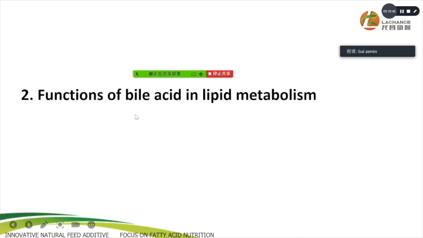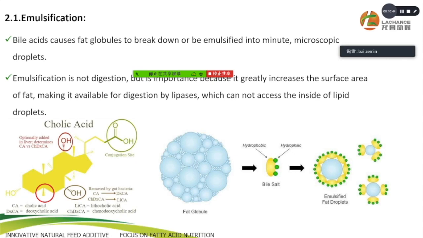And for the function of bile acid, especially lipid emulsification, digestion, and absorption, bile acid is one of the products which can emulsify the fat globule into micro fat droplets. First, it causes the big fat globules to break into microscopic droplets.